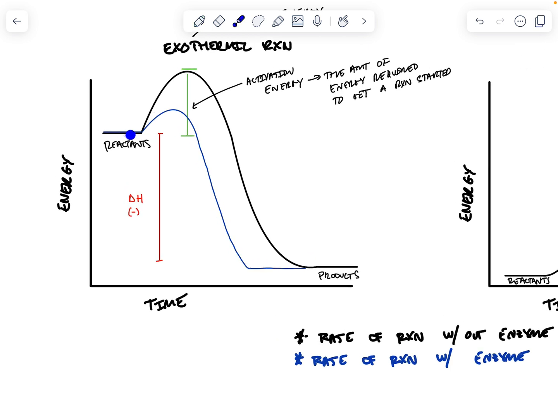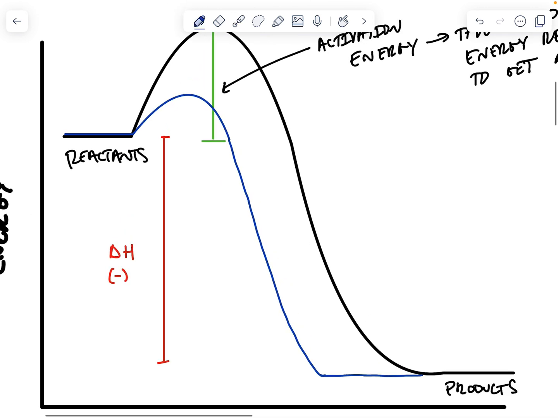So we haven't changed the energy of the reactants. We haven't changed the final energy of the products. What's changed here is that with the addition of the enzyme, you don't need as much energy to get the reaction started. So we've lowered the overall energy of activation.